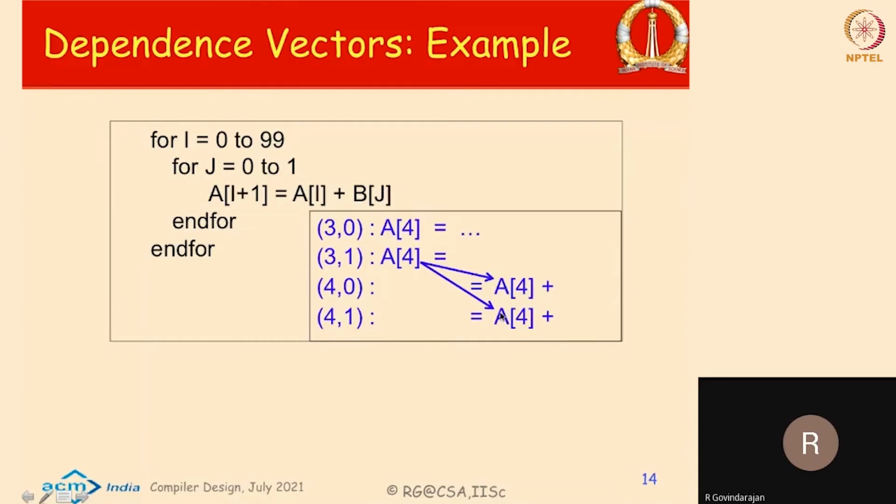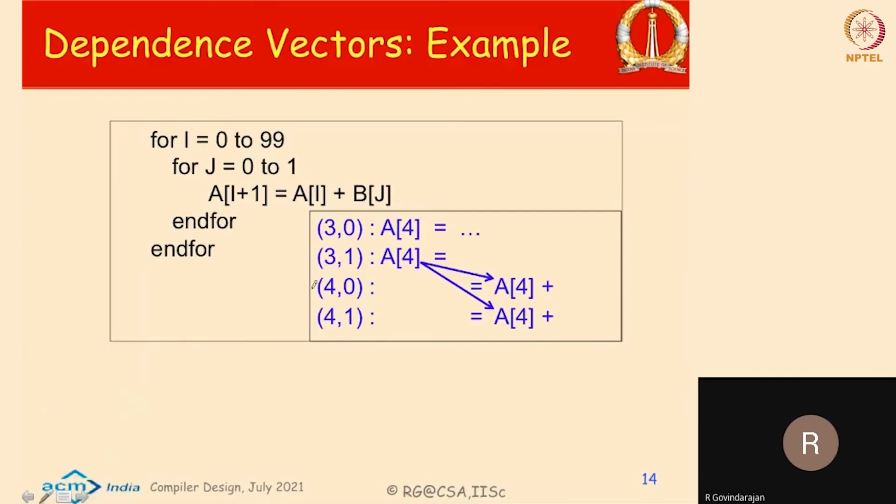So here, the distance vector corresponding to these two would have been 1 comma minus 1. Let me take the pen so that I can show.